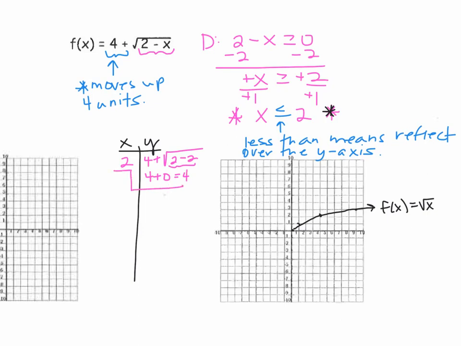Let's see, what else can we pick? Notice it says x has to be less than or equal to 2, so we can't go to 3 this time because that would give us a negative value inside the square root. We have to go the other direction. A number that's less than 2 could be 1, and if we type that in, we should get a perfect square root to simplify. 2 − 1 is 1, the square root of 1 is 1, and 4 + 1 is 5.